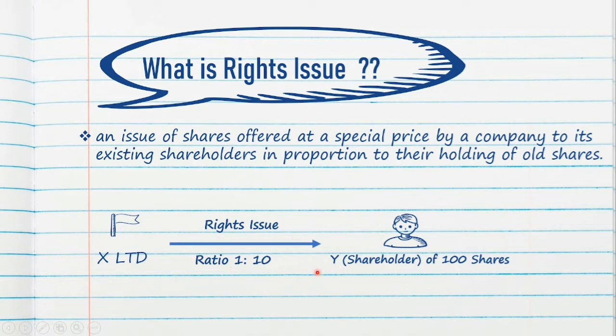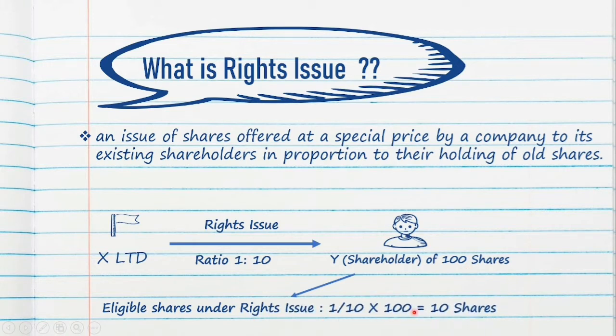Considering the shareholder in the example, that is shareholder Y holding 100 shares, the eligible number of shares under the rights issue for shareholder Y will be 1/10th of the shares held by him, that is 1/10th of 100 shares, which will be 10 shares. So 10 shares is the rights issue shares entitled to Y, a shareholder holding 100 shares.